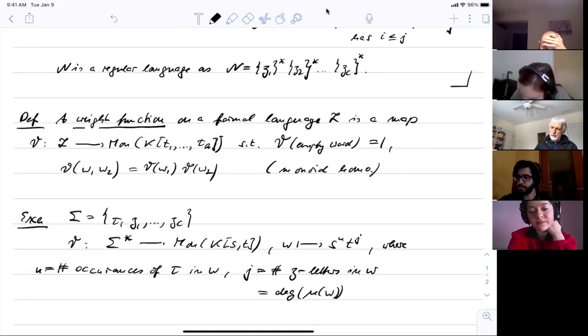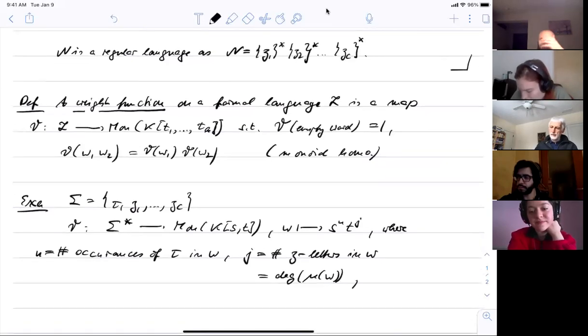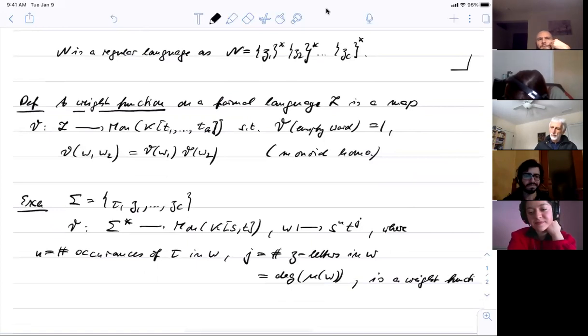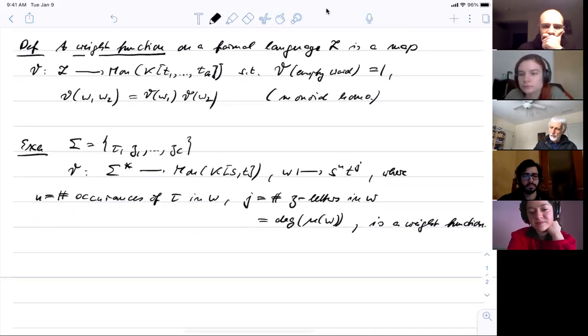And then I think it's easy to see, and I encourage you to make sure that this is a weight function. Okay.